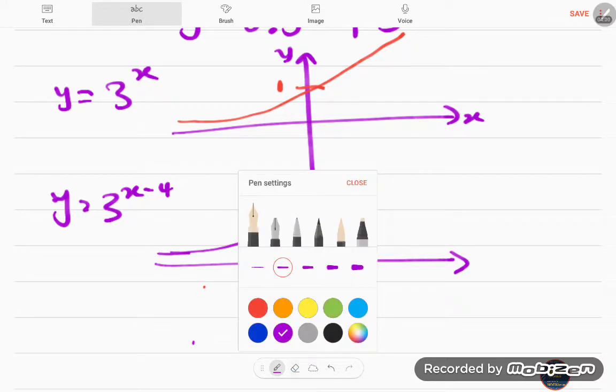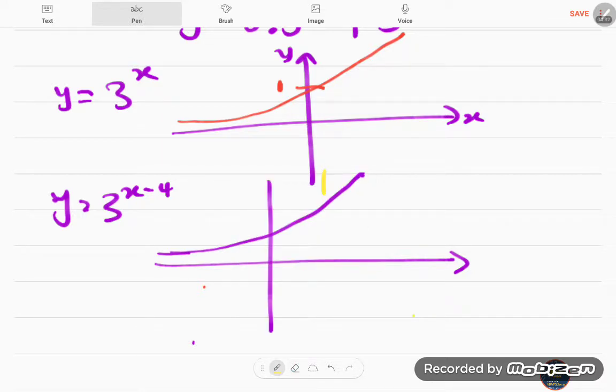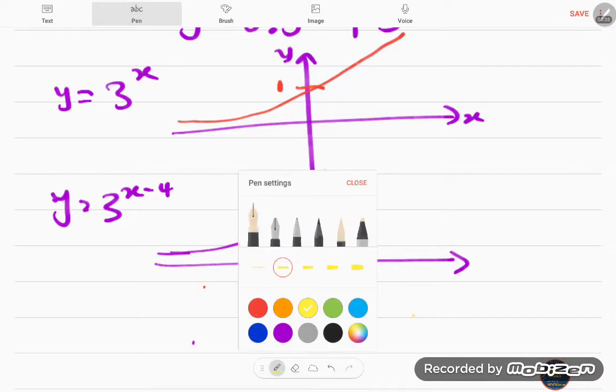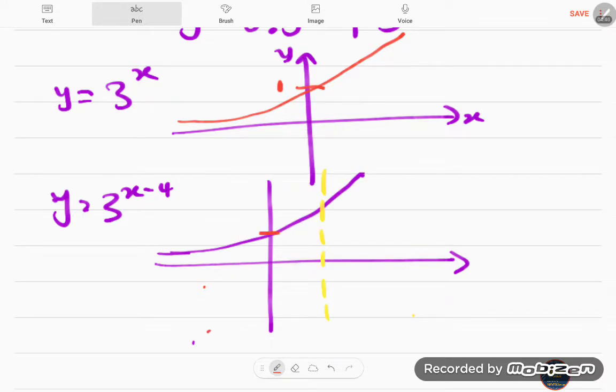Just think of where the previous one was. It's moved 4 units to the right, and it looks exactly the same. The only difference is that the y-intercept will have changed here. You can actually solve for that point there.